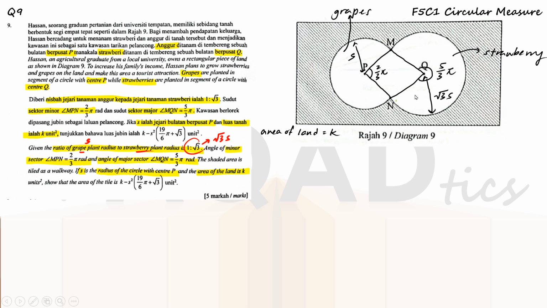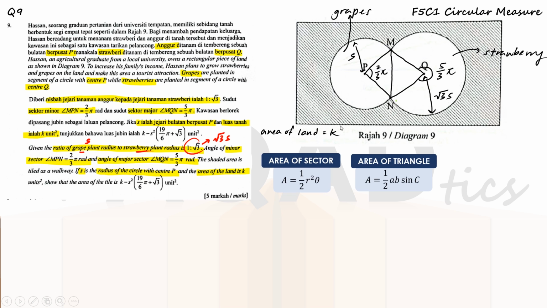To find the area of these white color parts, let me draw another line between this four-sided polygon. Now you can clearly see that we need to find the areas of two sectors, here and here, and the area of these two triangles. After we find these four areas, we subtract them from K. To find the area of a sector and the area of a triangle, we can use these two formulas.